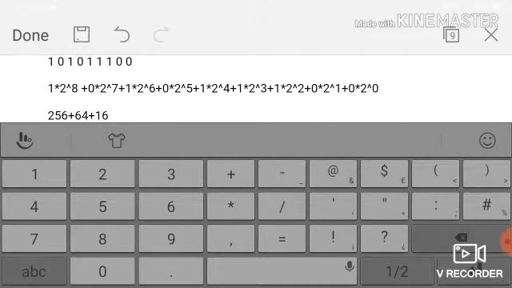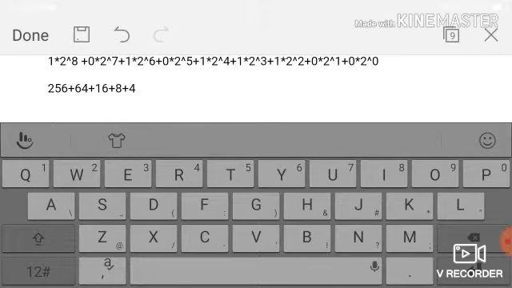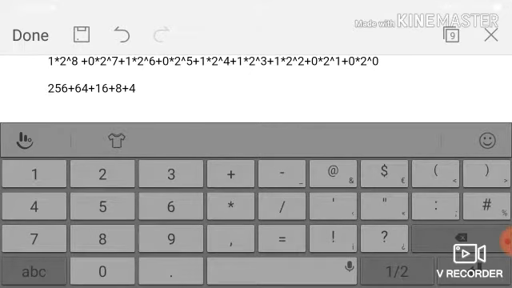And 1 times 2 raised to 3 is 8. Then 1 times 2 raised to 2 is 4. Then 0 times 2 raised to 1 is 0. Then 0 times 2 raised to 0 is 0. This equals 348 base 10.